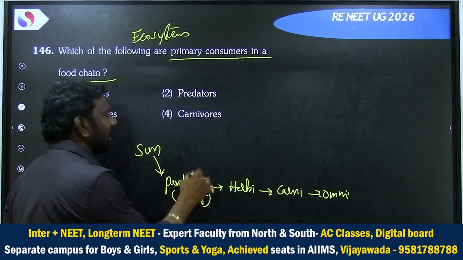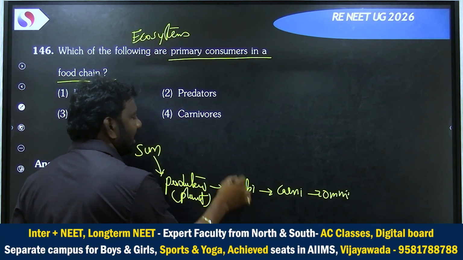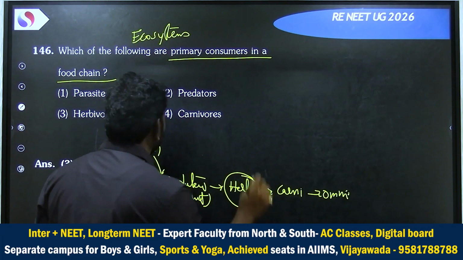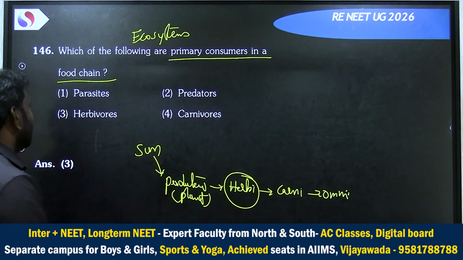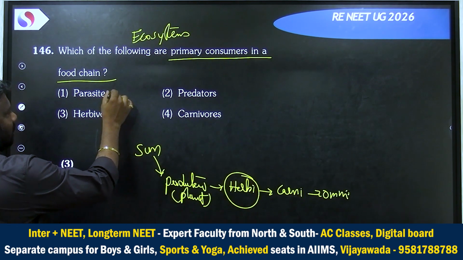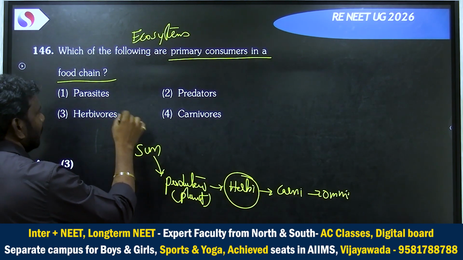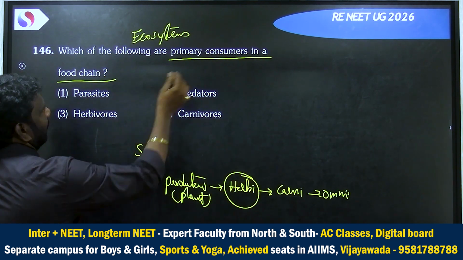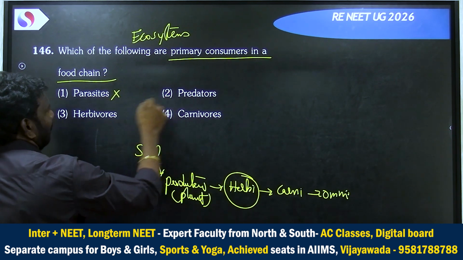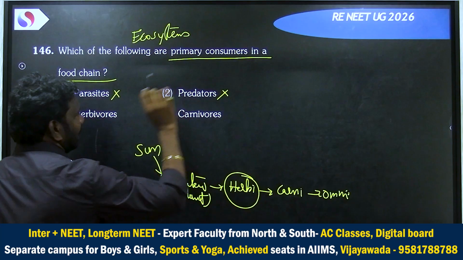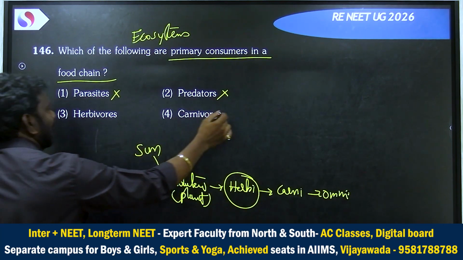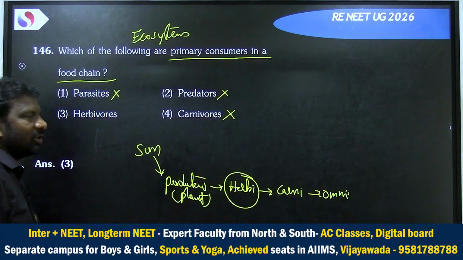They are asking about the primary consumer. The producer is the first level; the primary consumer is always a herbivore in the food chain. Here they have given parasites. Parasites are not primary consumers. Predators are also not primary consumers. Carnivores are not primary consumers.